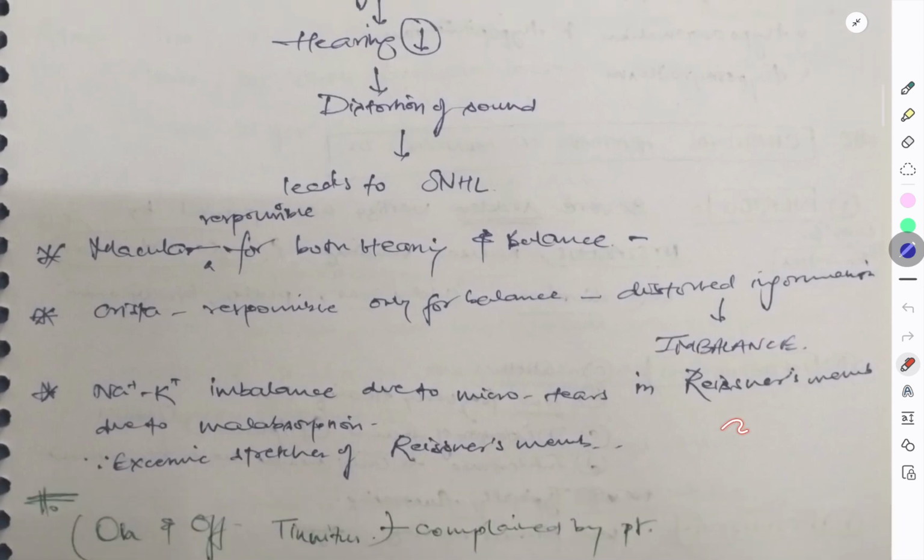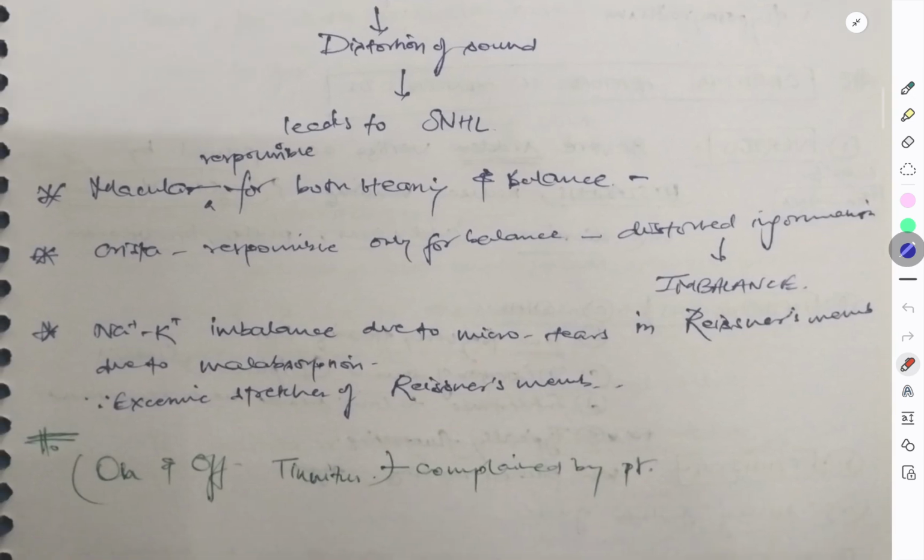Then there are micro tears in the Reissner's membrane, so there can be a sodium potassium imbalance. Sodium can come into the endolymph and potassium can go into the perilymph, due to the micro tears and the malabsorption. So this causes complaints of on and off tinnitus.